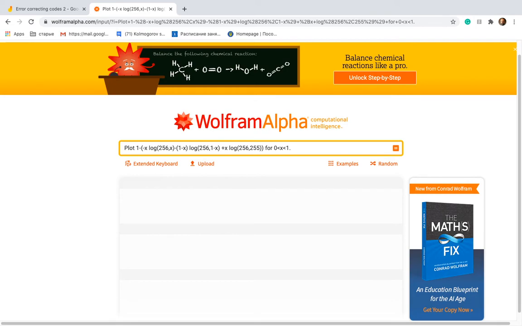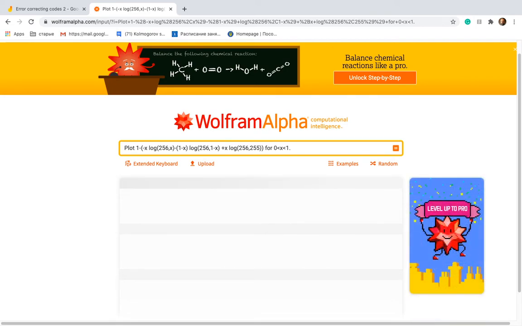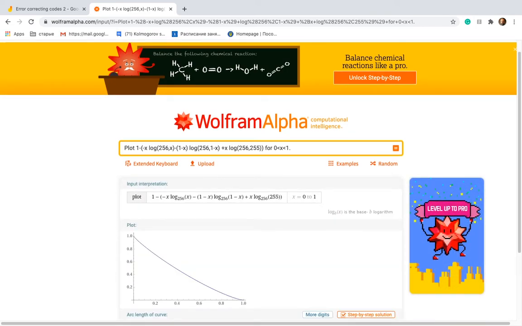So for such a large alphabet, it's almost a straight line from point (0, 1) to point (1, 0). So it reaches the x-axis very close to the point 1, and it says that for all the parameters below this line there is a code.